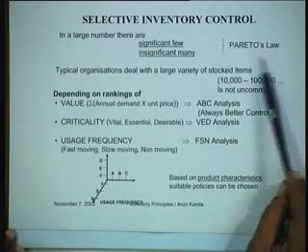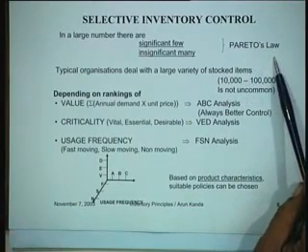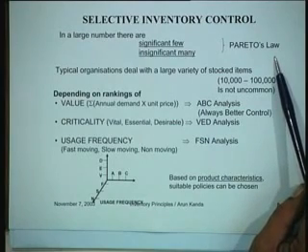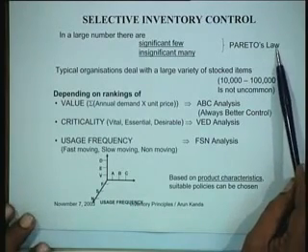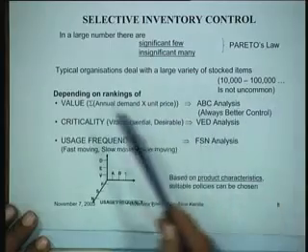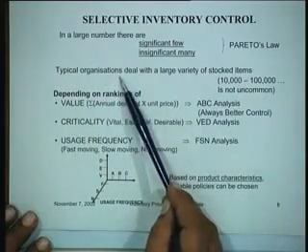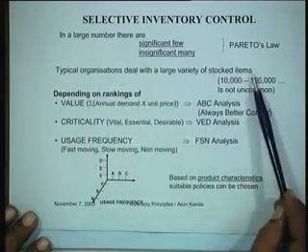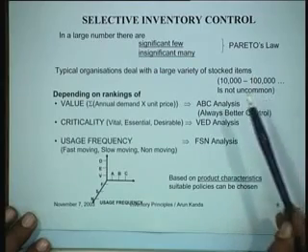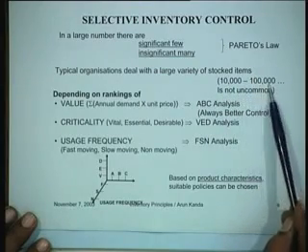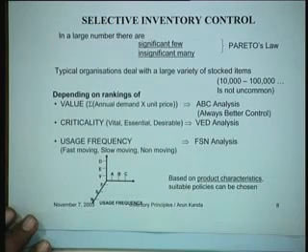Now, Pareto's law applies very well to inventory situations, and what typically happens is that organizations deal with a very large number of stocked items. Typically the number of items could be 10,000 to 100,000 or even more, right?